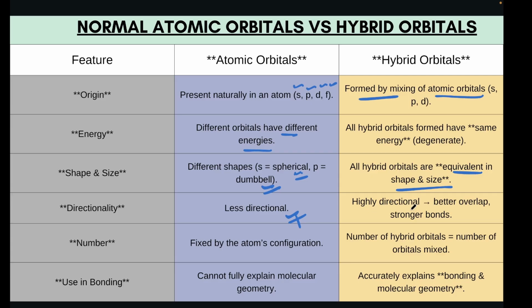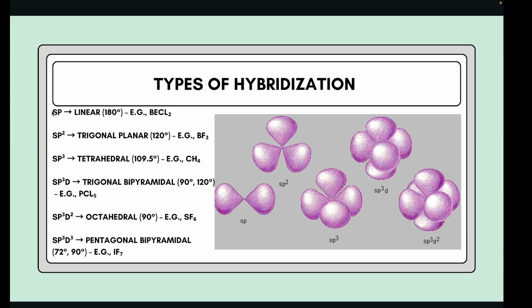Now let's look at the different types of hybridization. When one s and one p orbital mix, we get sp hybridization, which gives a linear shape, and the orbitals in sp hybridization arrange themselves at 180 degrees, like in beryllium chloride, BeCl2. And if one s and two p orbitals mix, we get sp2 hybridization, which forms a trigonal planar shape as in BF3.